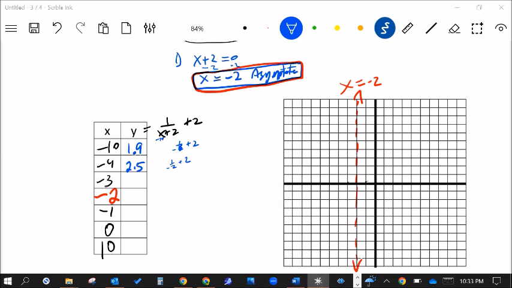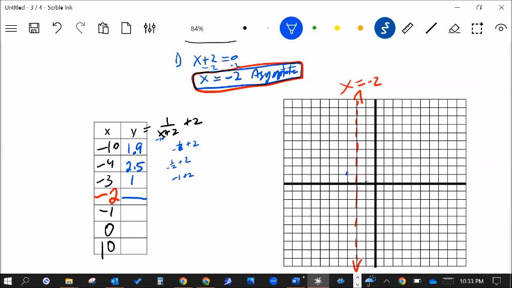And if I put a -3 in there, I get a -1 plus 2. So, all right, so let's just plot these. Oh, we can't use this one at all. This is the asymptote. So at -3, it's a 1.